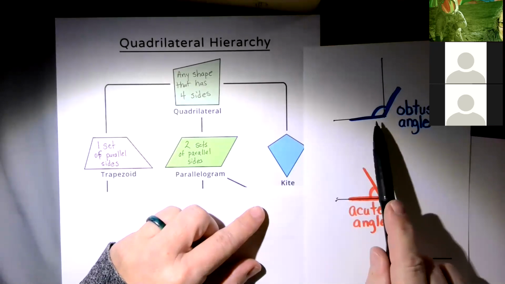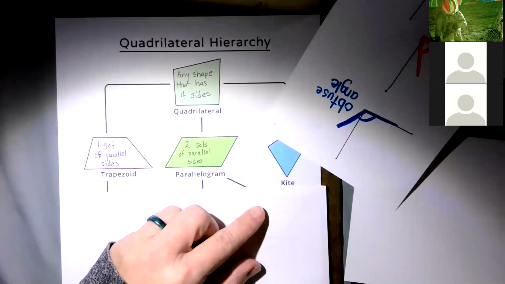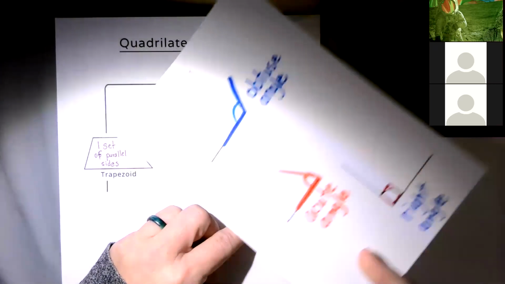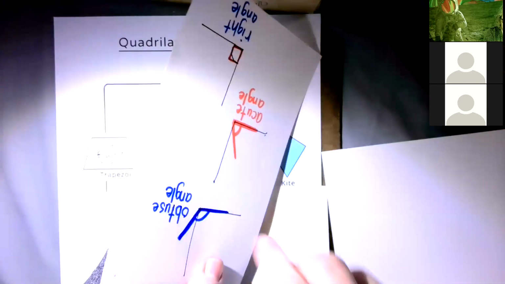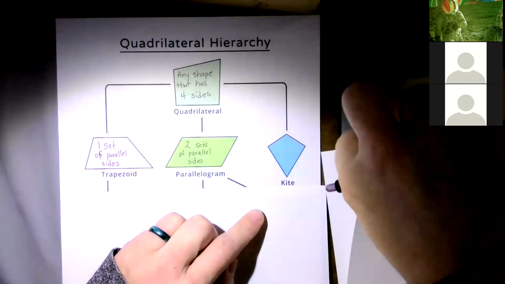Does it look more like this one? Does it look more like that? Or more like the acute one? I'm trying to make the angles be the same. Obtuse. It's more of an obtuse angle.